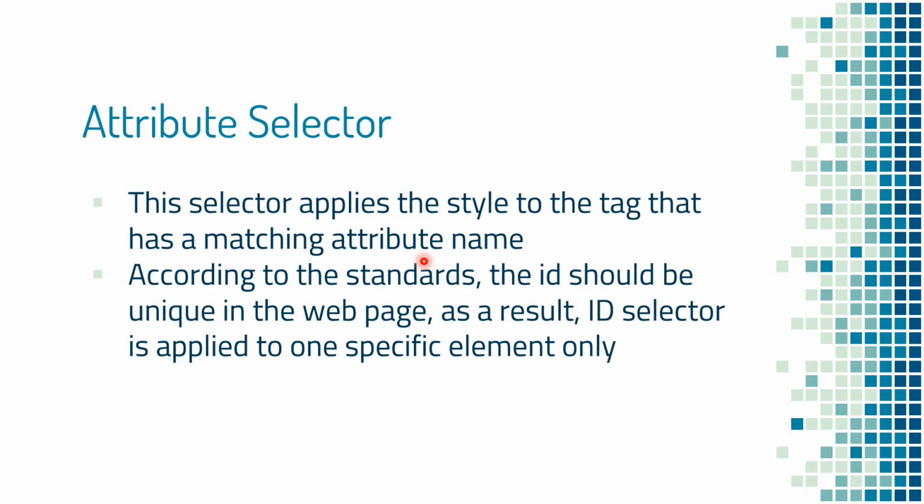This selector applies the style to the tag that has the matching attribute name. So let's say we have a tag and one of its attributes is, let's say, the border. Then we can apply this style to the tags that have a border attribute only.